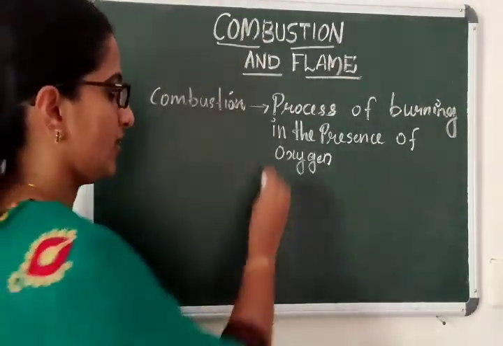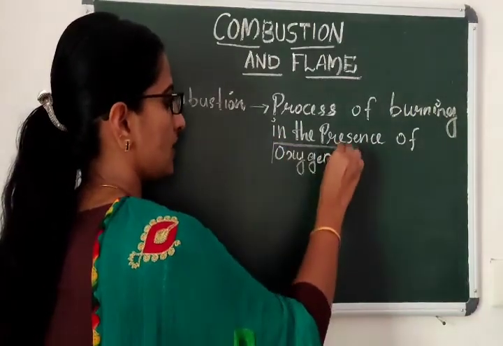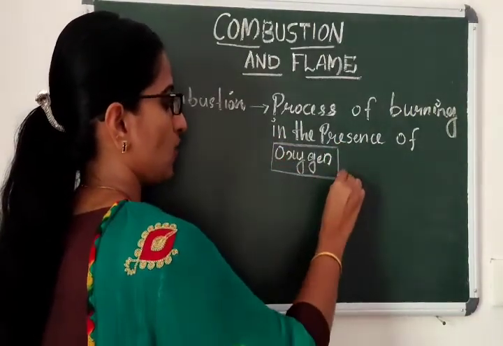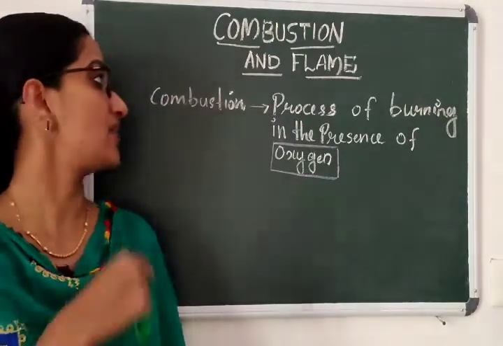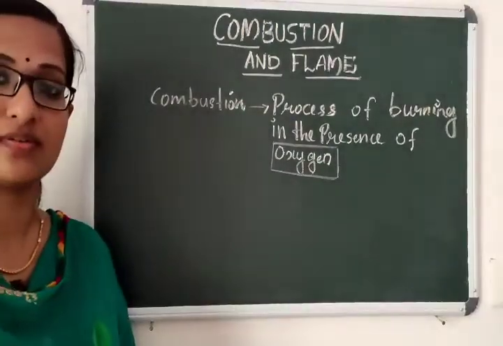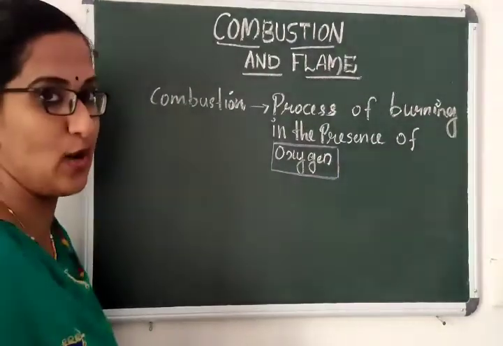So look at here. What is essential for burning? Yes, oxygen is essential for burning. So oxygen helps burning. Right? Can you say some examples of combustion? Yes. Let's take the simple example that you learned in the lower class.